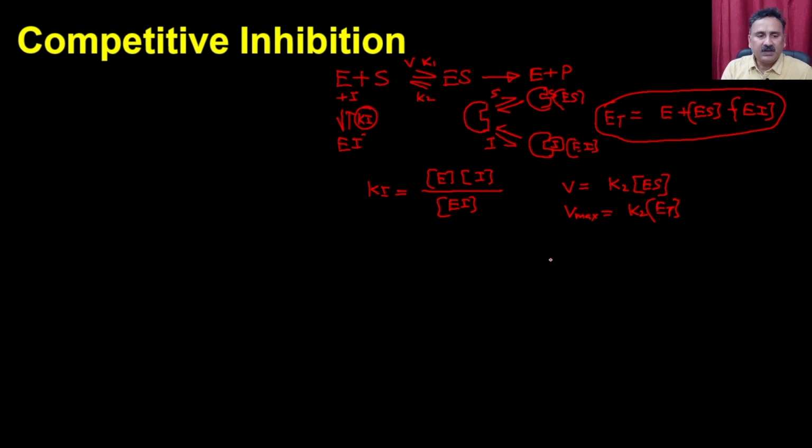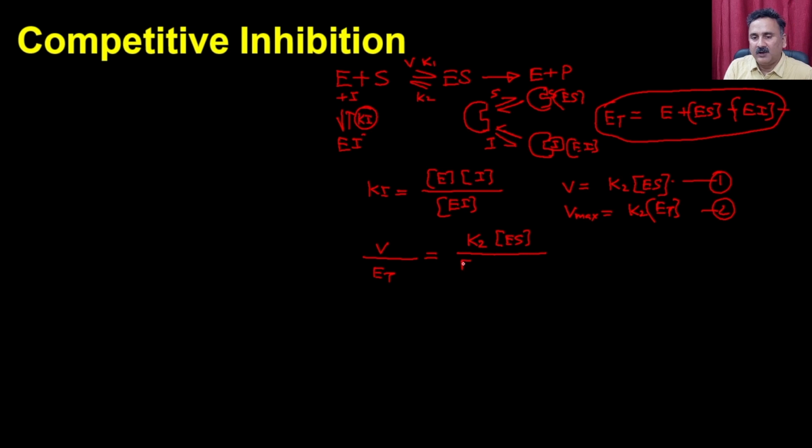This means if I divide the V by the total enzyme, it is going to give me K2 times ES, right? This is equation number 1. This is equation number 2. And from equation number 1, you can take this. And the ET, remember this, right? This is the equation, right? So you can put this value here.